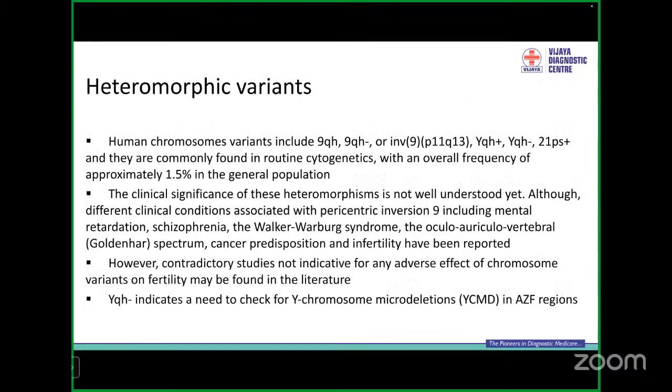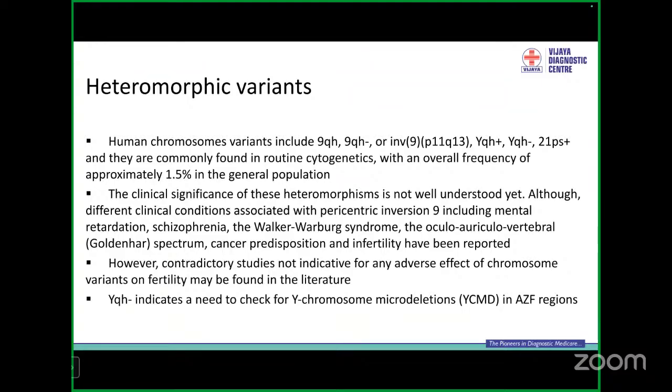Also, the other types of changes include heteromorphic variants, which are very commonly seen, and according to the new nomenclature, the cytogeneticists are not supposed to report the variants in the main report, but should just give them as an additional comment where the genetic counselor takes care of the counseling part of it, whether it means something to the couple or not.